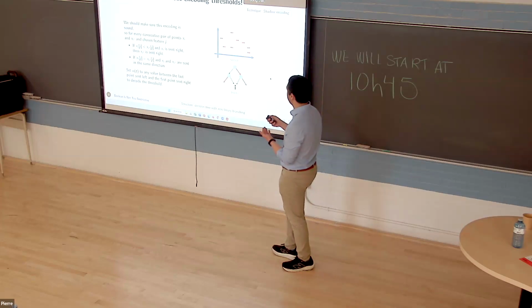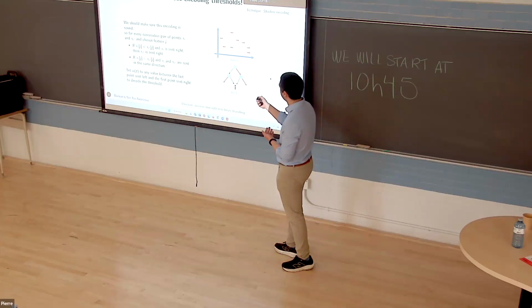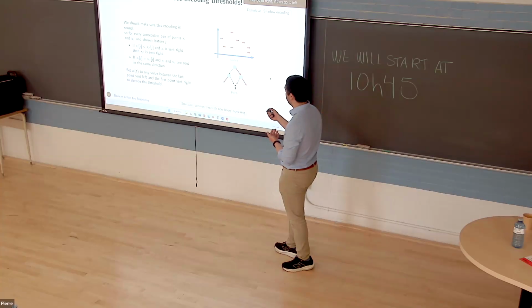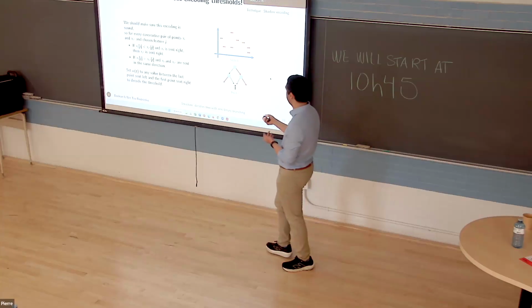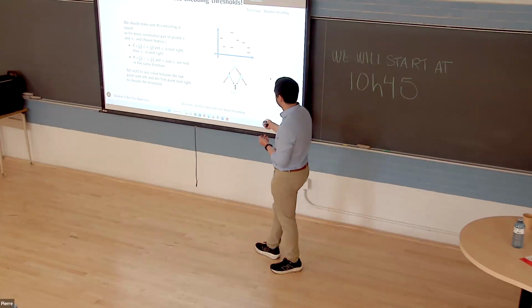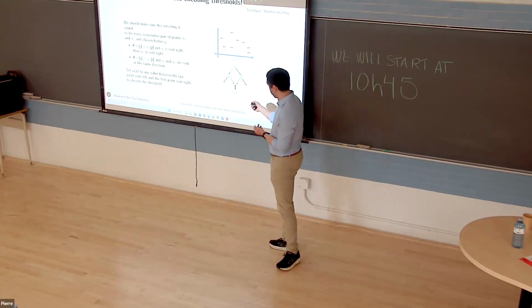Just to elaborate a little bit on the idea, we have these points in this space. For each one of them, we know if they go to the right or to the left. And if we know that, we don't need to know the threshold because we know it's somewhere here. So we can just, let's say, select the average or another heuristic, and that would be fine. Within that tree, for each point and each node, we know where it goes.